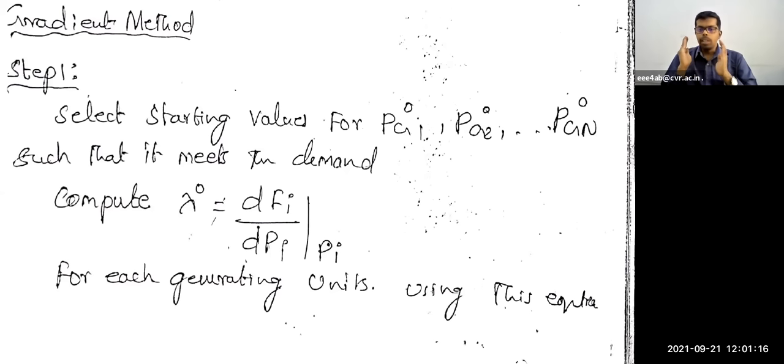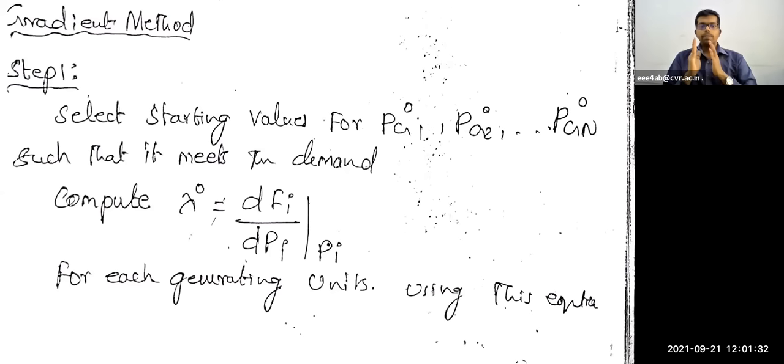So always you have to remember that. Whatever values are considered, they should meet the power demand. Okay, so don't simply assume some other values, then your problem might go wrong.